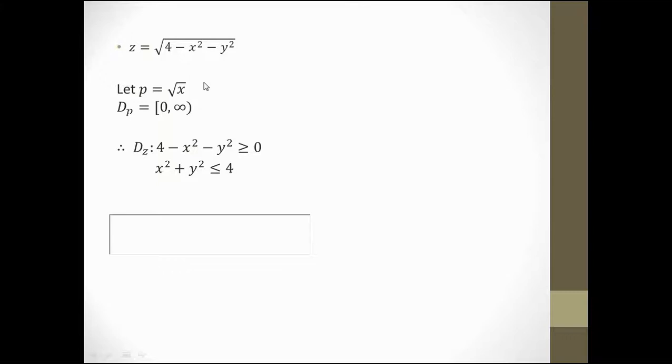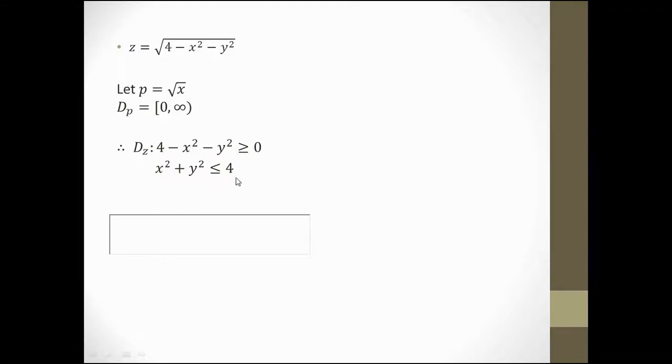So what we have to find now is if this range here is bounded below other than the value 0. So what we have to do is to find if this domain here is bounded below by some other value other than 0.